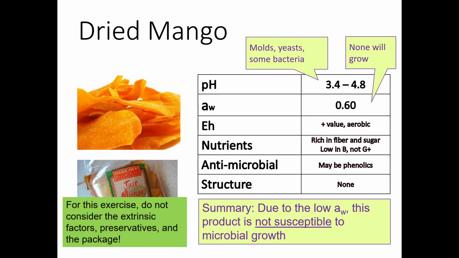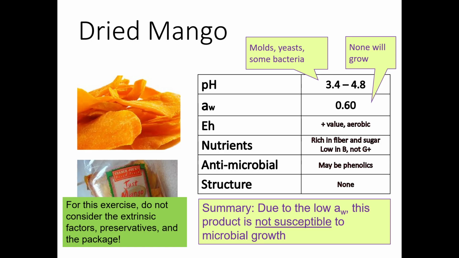Okay, so with that, that's really all I wanted to talk about, unless we can look at this example real fast. So with dried mango, we have a pH of 3.4 to 4.8, which is going to allow molds and yeast to grow, and some bacteria. And then we have a water activity of 0.6. So this is not going to be susceptible to microbial growth, which is the reason why dried mangoes can last for a long time, years compared to days or weeks for a fresh fruit. So it's going to be a positive value.